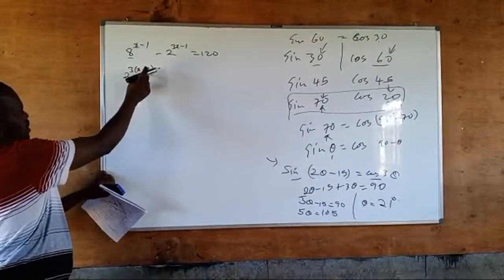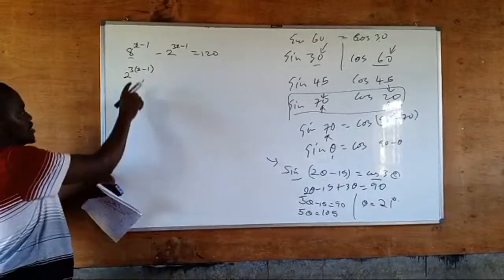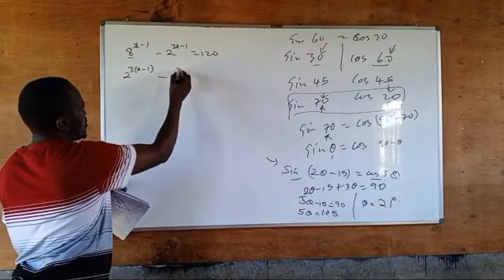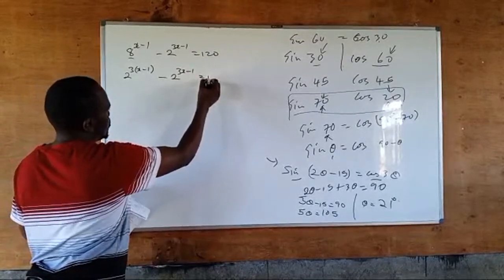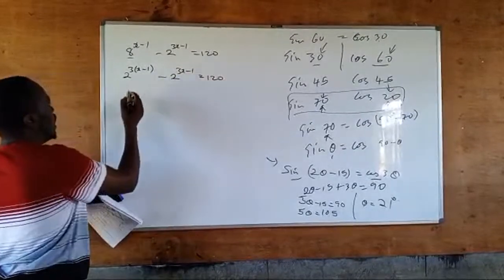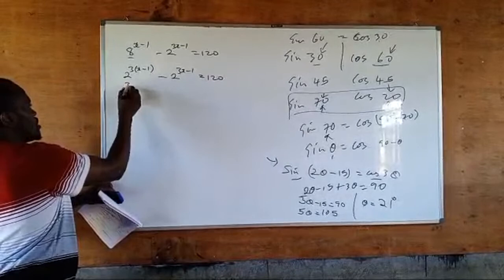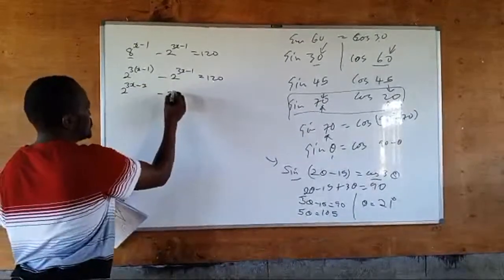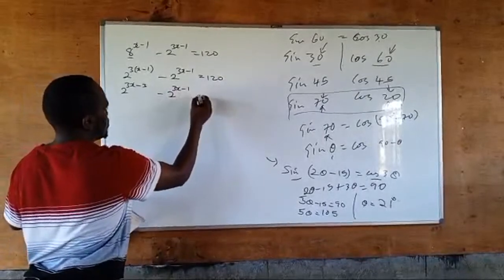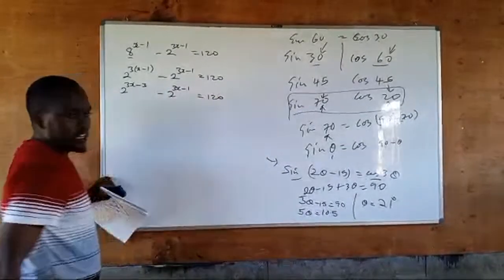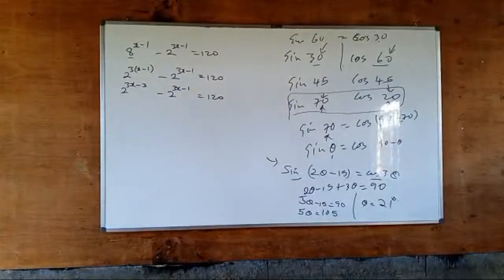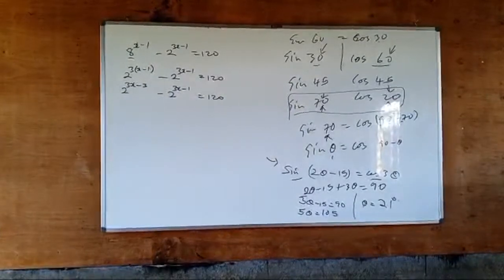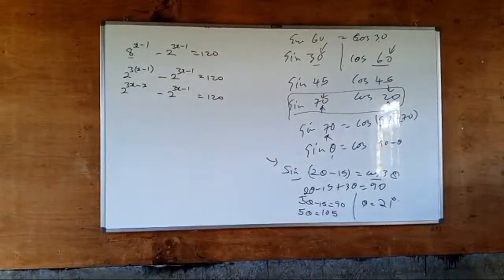We put 3x and forgot to put a bracket. If you do not put the bracket, minus 2 to the 3x minus 1 equals 120. You open the bracket: 2 to the 3x minus 3 minus 2 to the 3x minus 1 equals 120. Vincent, what are you trying to do here? Let me see your paper. What did you try to do with the 120?